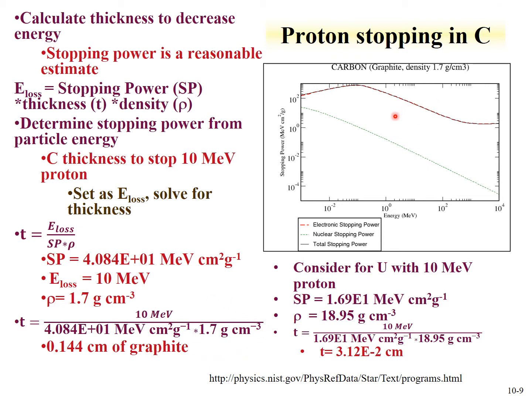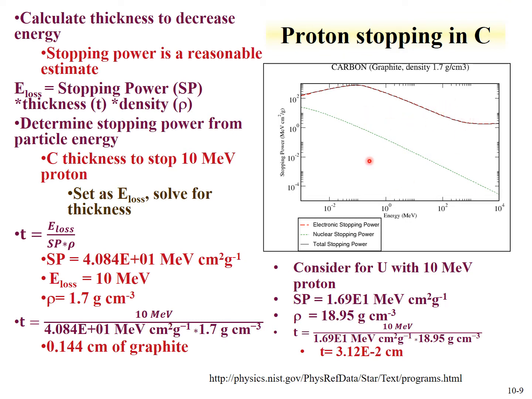We pulled out the data. This website allows you to pull out the data specifically. And if we're looking at something on the order of 10 MeV, we see that its stopping power is somewhere right around here.